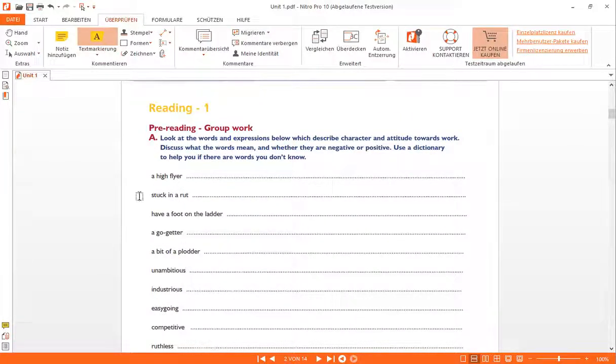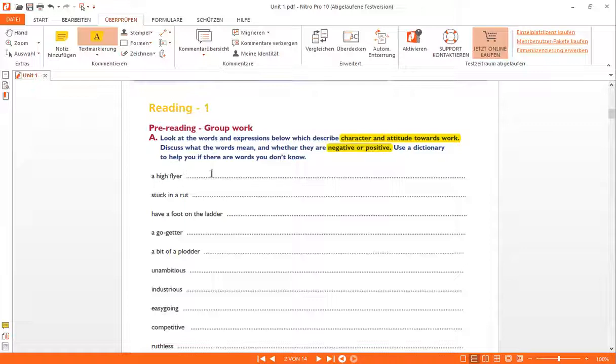A high flyer. Sometimes, as I said, you can guess the meaning of a word if you've got 2 or more words describing that particular phenomenon, you can guess the meaning from the individual words. So looking at a high flyer in connection to character and attitude towards work, and it can be negative or positive.